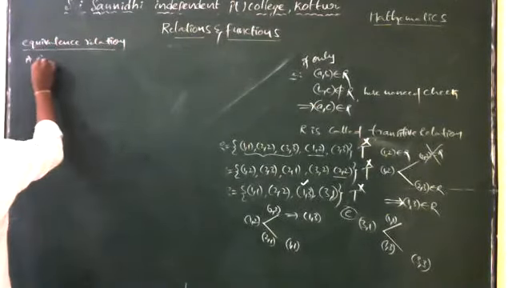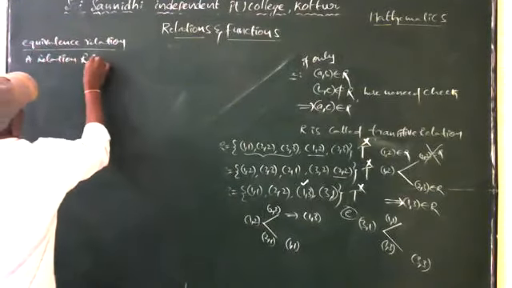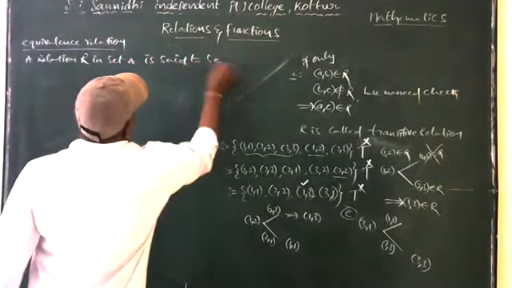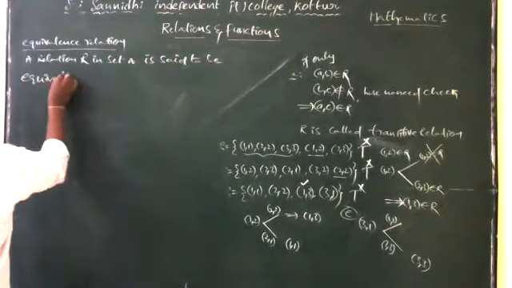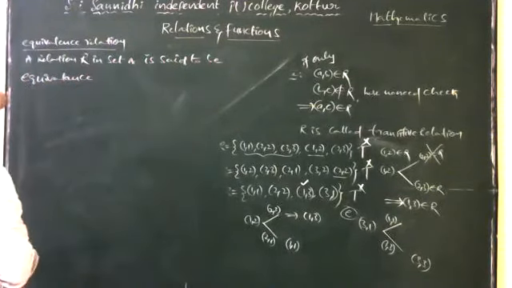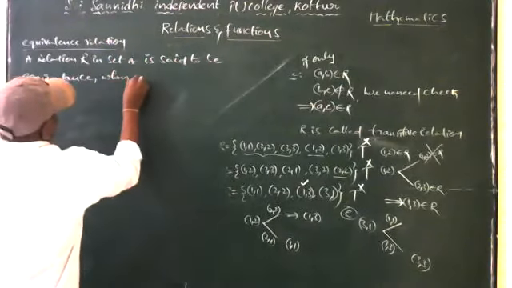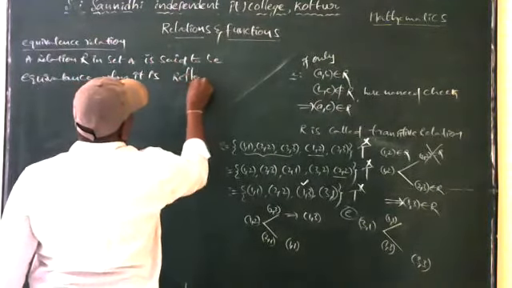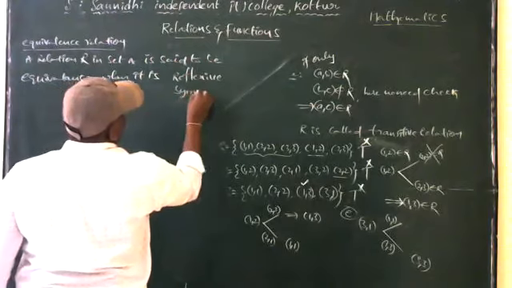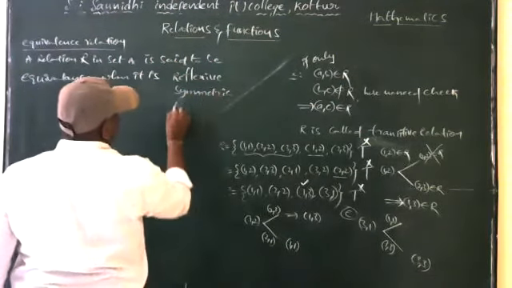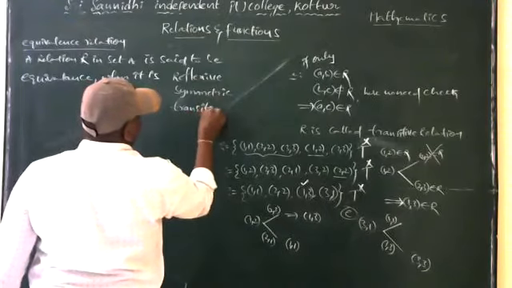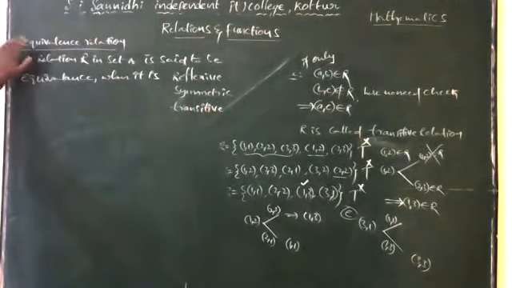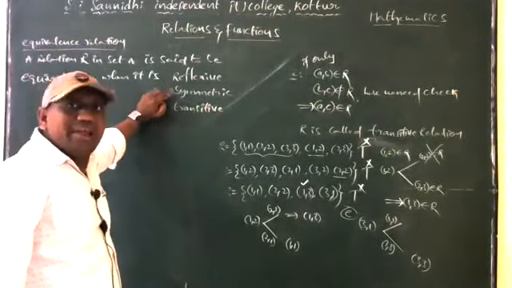A relation capital R in set A is said to be an equivalence relation when it is reflexive, symmetric and transitive.